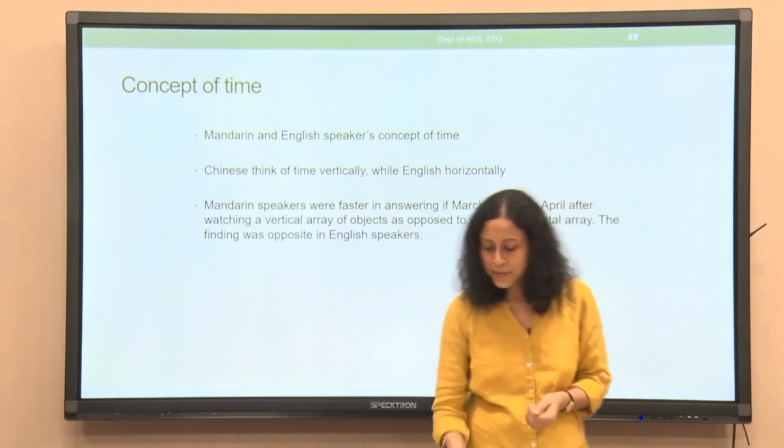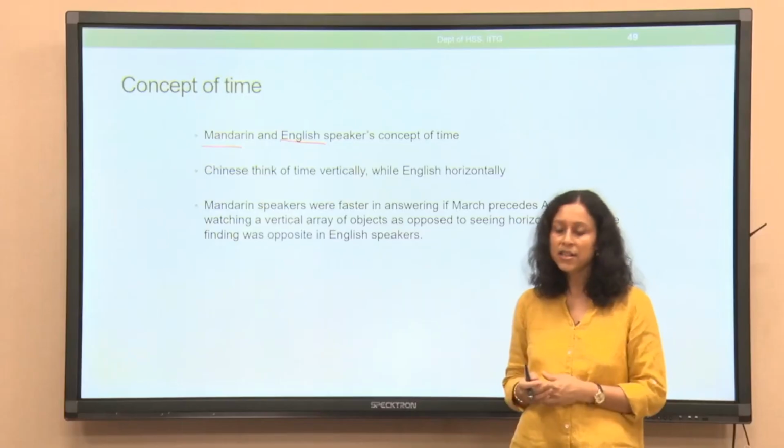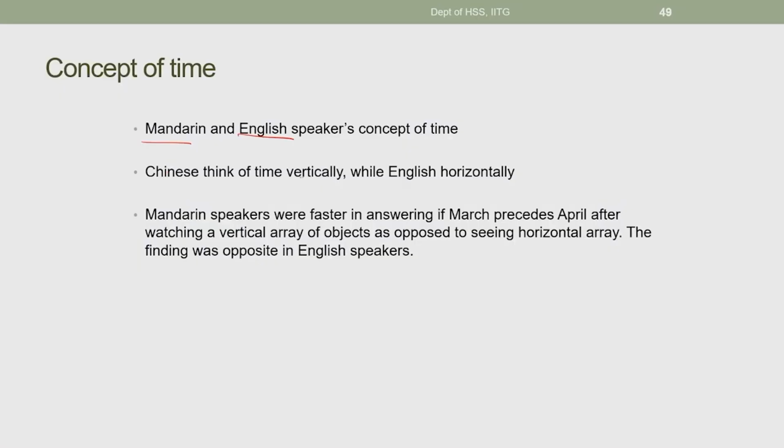Mandarin and English speakers' concepts of time are different. Chinese speakers tend to think of time in a vertical way, whereas English speakers tend to codify this in terms of horizontality. This has already been proved. There is a lot of research output available that has established this.